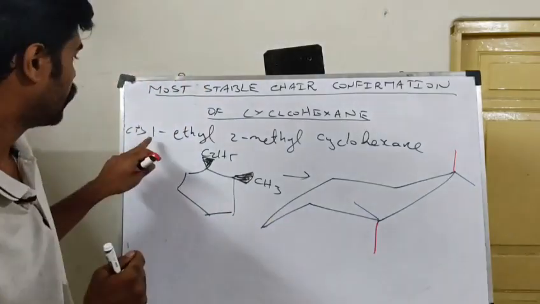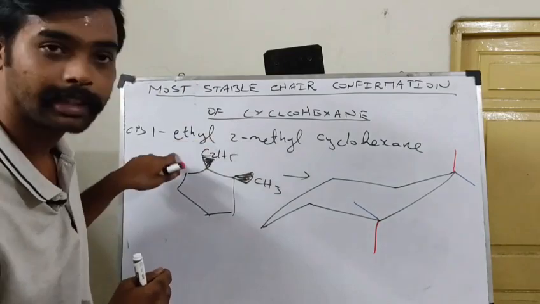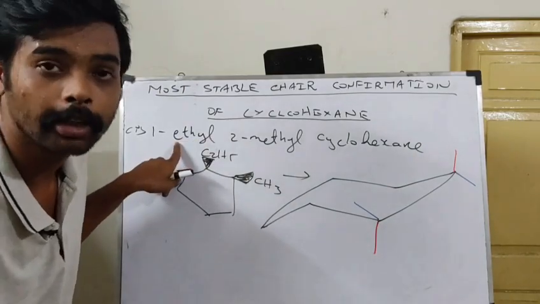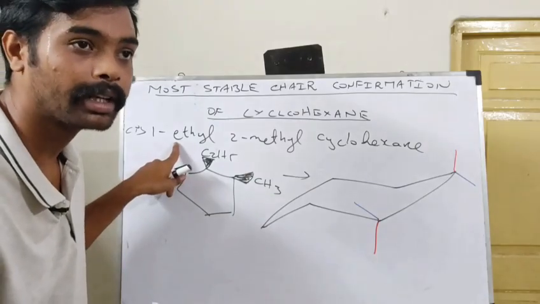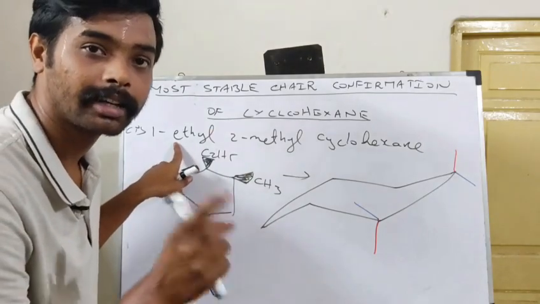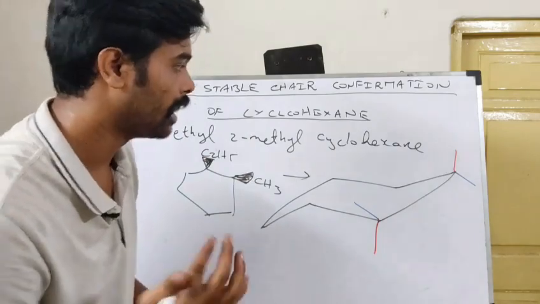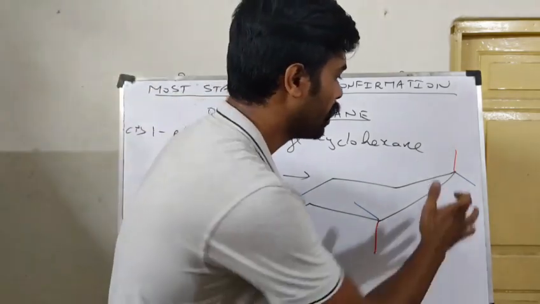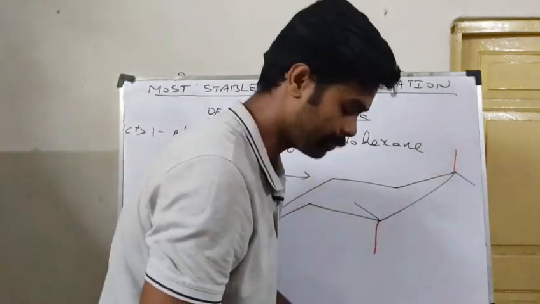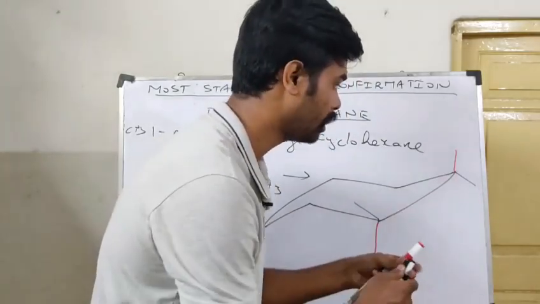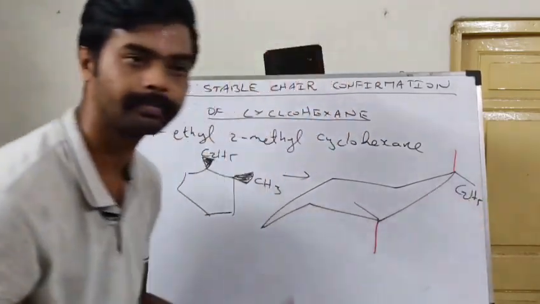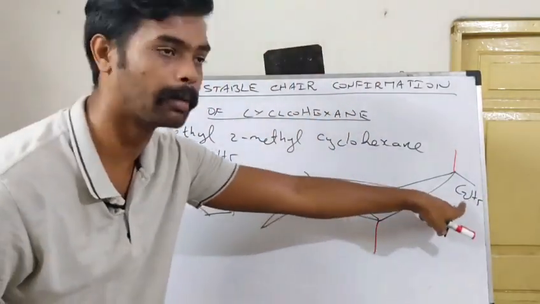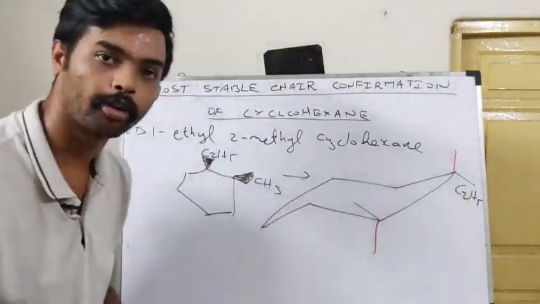Out of these methyl and ethyl groups, obviously the bulkier group is going to be the ethyl group, isn't it? So I'm going to put it in the equatorial position such that it is going to become most stable. Pointing down here, it's going to be equatorial, and I'm going to put this C2H5 group here. Very simple, just putting the most bulkiest group in the equatorial position.